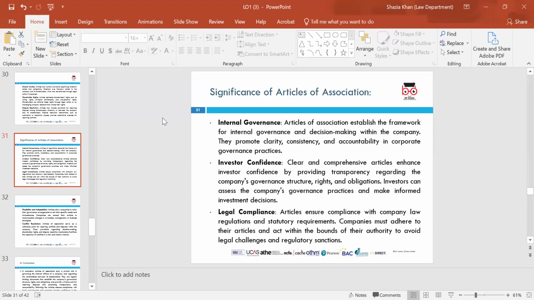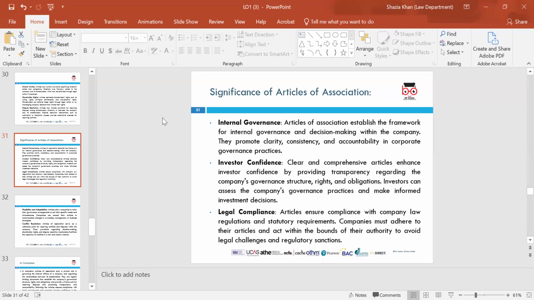Investor confidence. Clear and comprehensive articles enhance investor confidence by providing transparency regarding the company's governance structure, rights, and obligations. Investors can assess the company's governance practices and make informed investment decisions. For legal compliance, articles ensure compliance with company law regulations and statutory requirements.